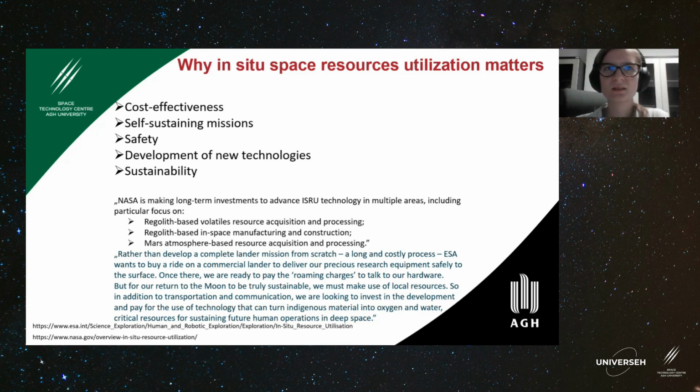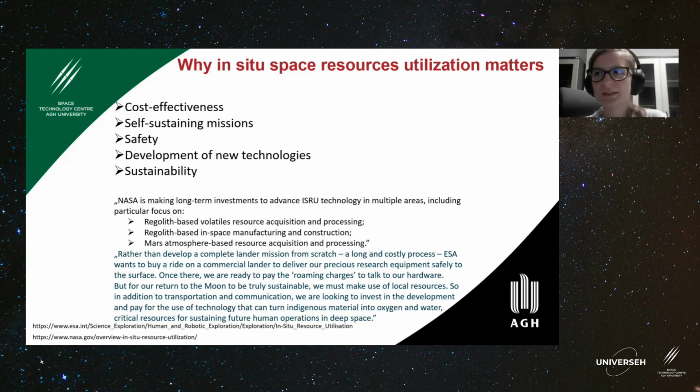And I looked at what NASA focuses on in the context of ISRU. This is the abbreviation of in situ space resources utilization technology. And for NASA, the crucial aspects are regolith-based volatile resource acquisition and processing. Volatile, so those are these gases that I mentioned present in regolith. That could be helium-3, could be oxygen, etc. Also, regolith-based in-space manufacturing and construction.